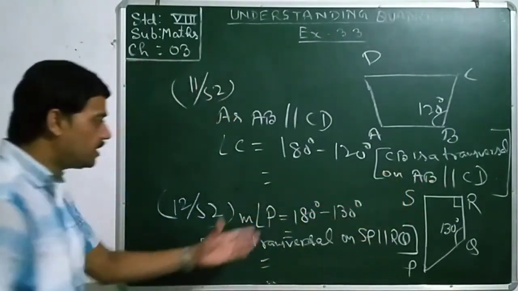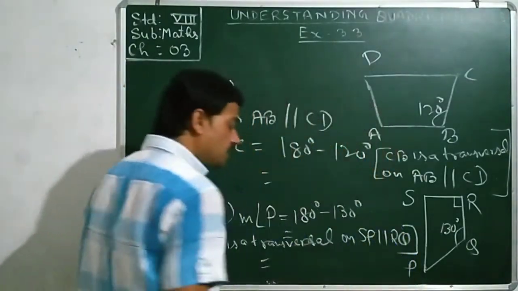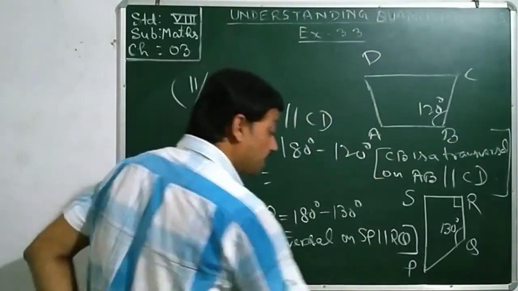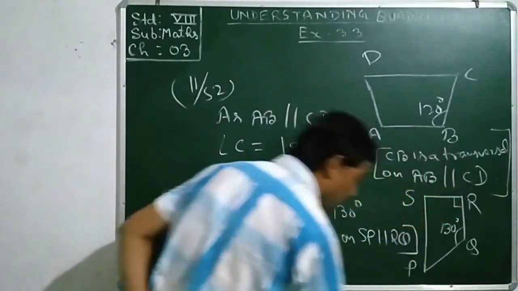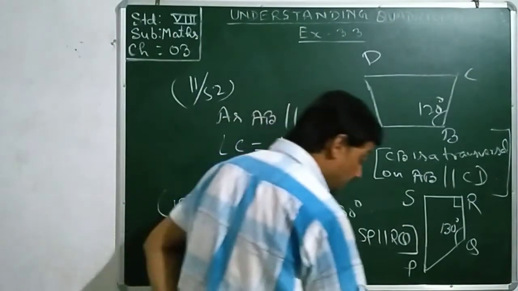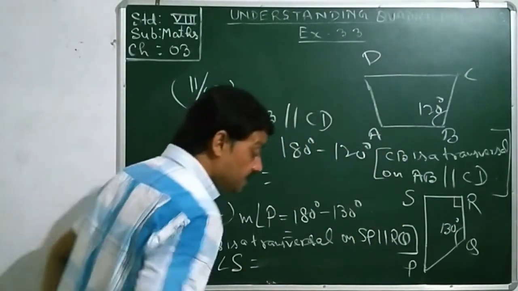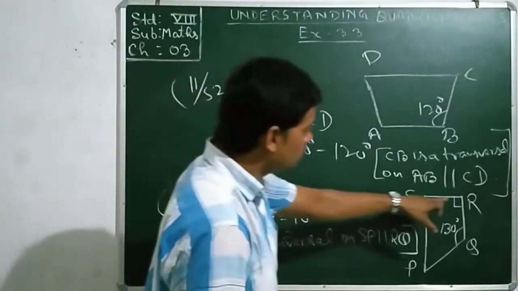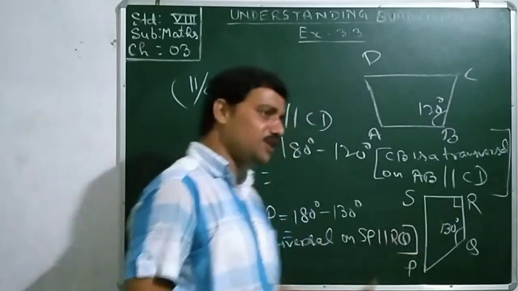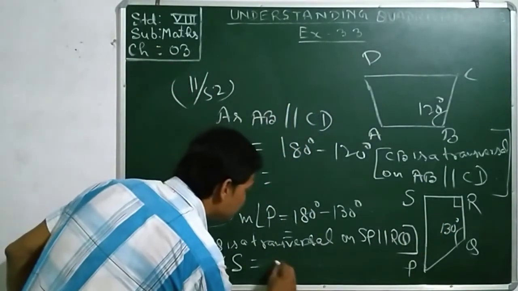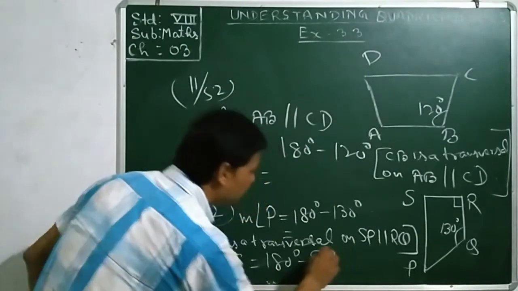Thereafter you will calculate the remaining portion of the sum, and to find out angle S, only in this space I am trying to show the angle. Yes, angle S is asked. These are two parallel lines, this is a right angle, so very simply you can write angle S equals 180 degrees minus 90 degrees.